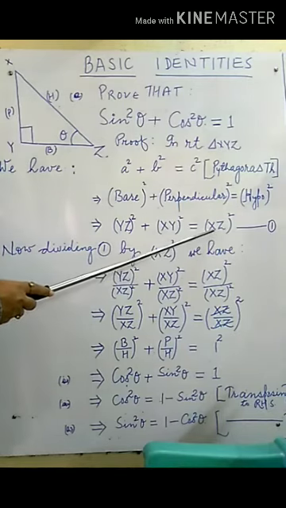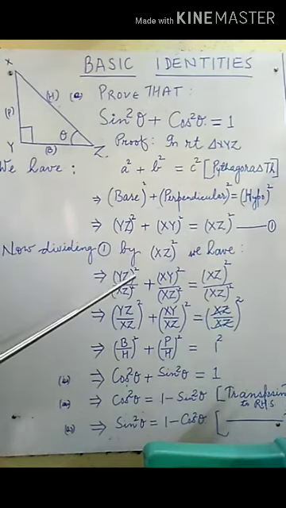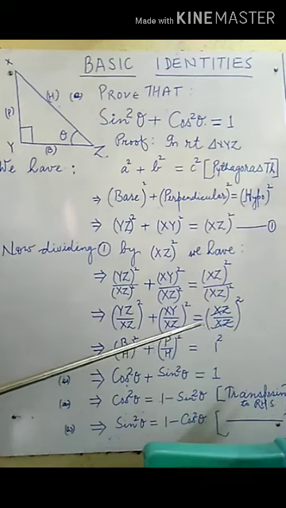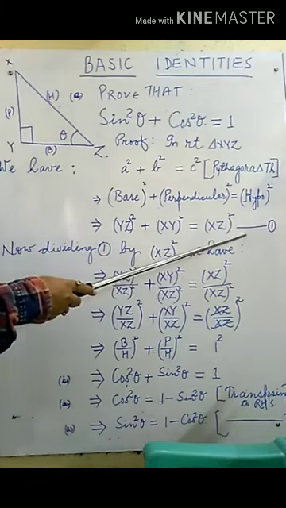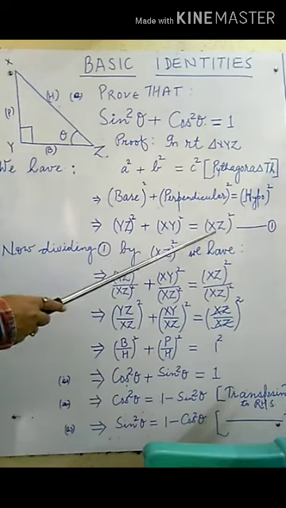If an equation is divided by any quantity, that quantity divides the left hand side as well as the right hand side, because an equation contains two sides.